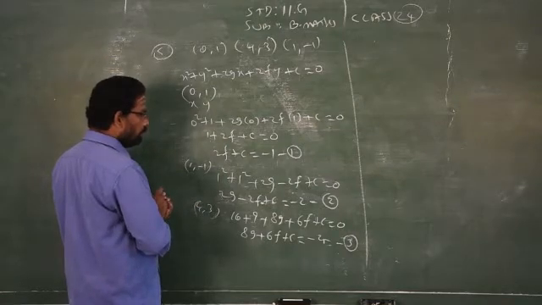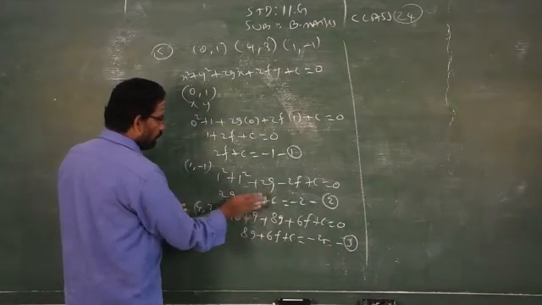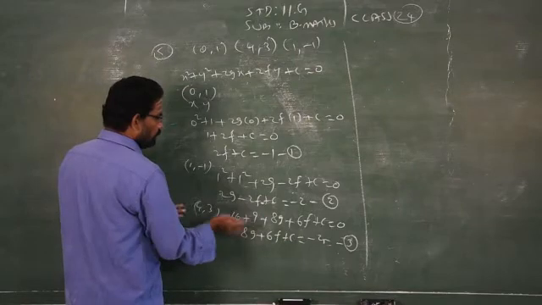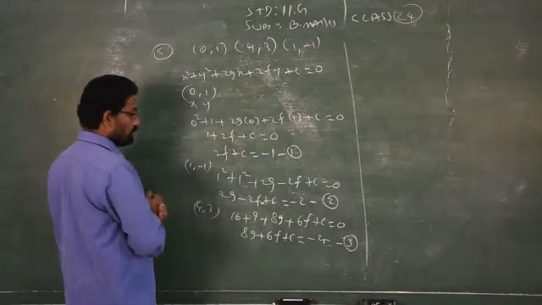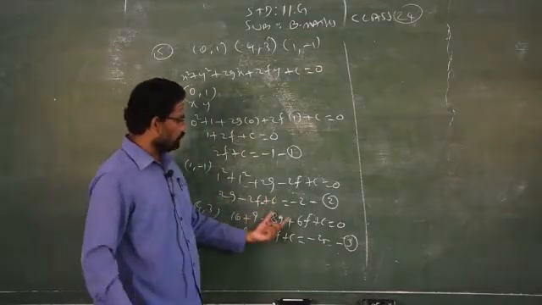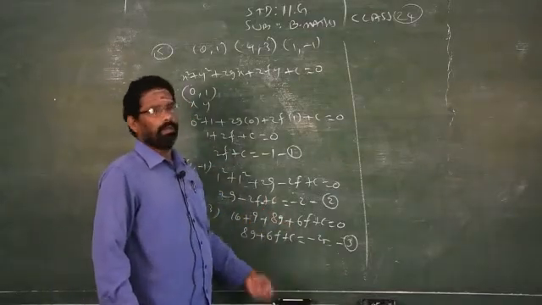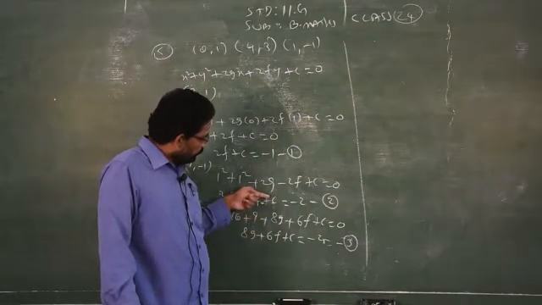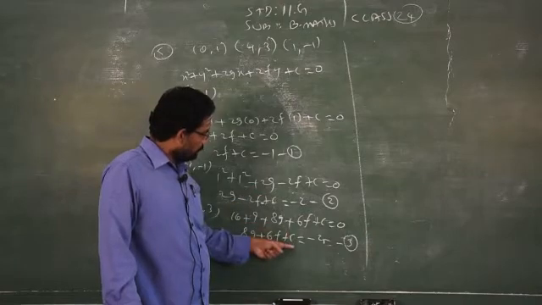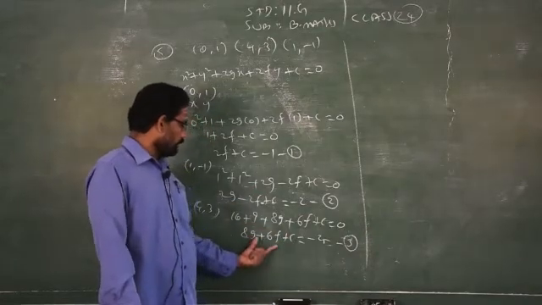So I have to simplify equations 2 and 3 to get a result in terms of f and c. In such a way, you have to solve these 2 equations by applying the elimination method. If you cancel the variable c, you will get a result in terms of g and f.